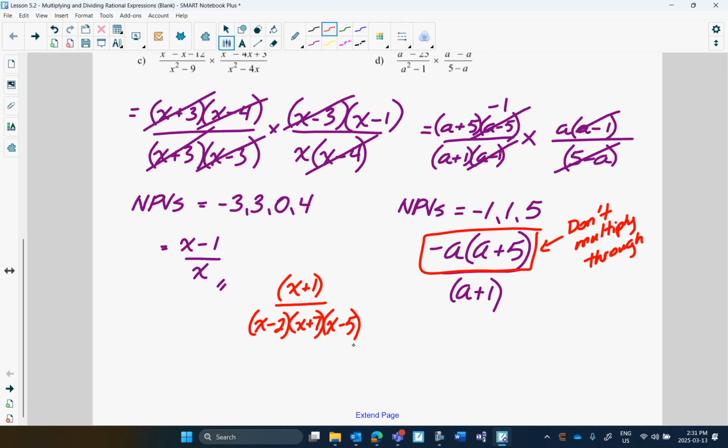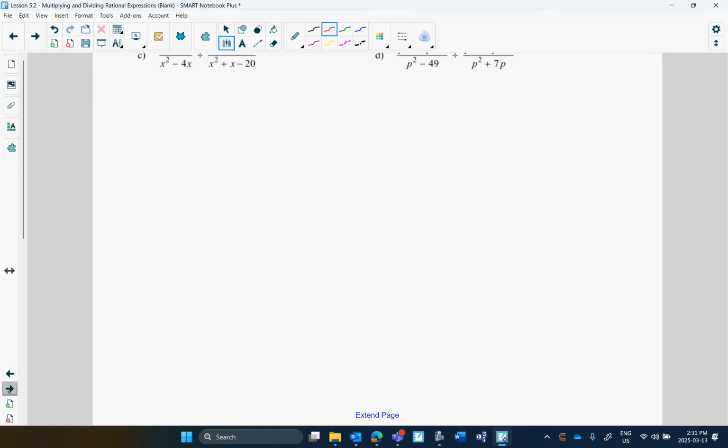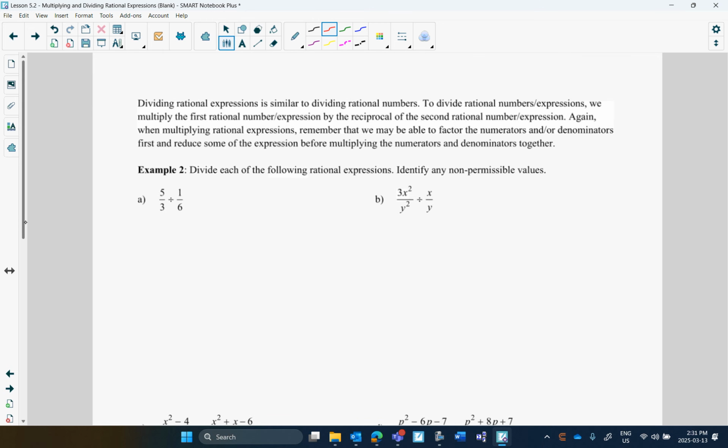Okay. We've done multiplication. What's division? One extra step, right? What do we do with division questions? We change them to multiplication. And then it's like the previous page. So if we just do a review, what does this become as a multiplication? 5 over 3 times 6 over 1, and then do your reducing.